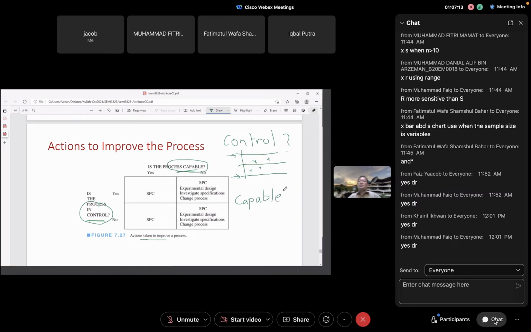So what is capable? Capability is measured using Cp. Which is equal to what? I would like to test your understanding. What is Cp, or another way we say, process capability?